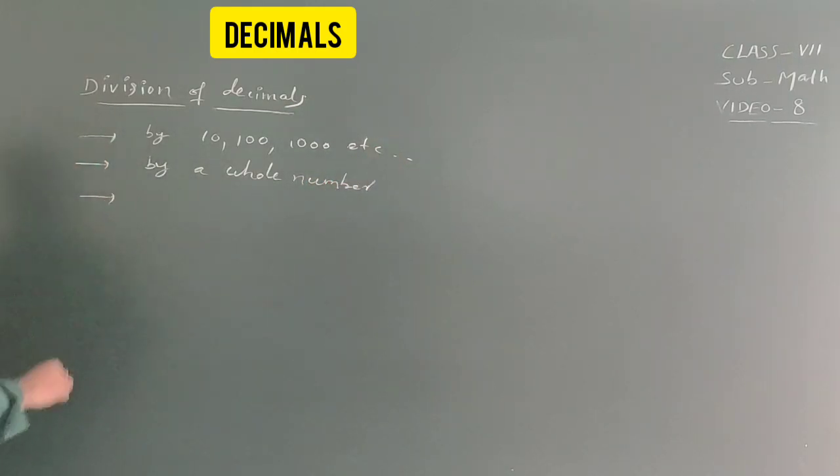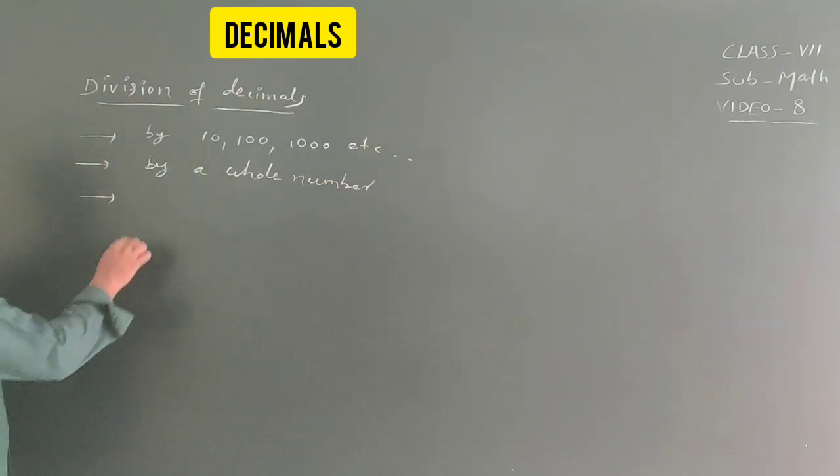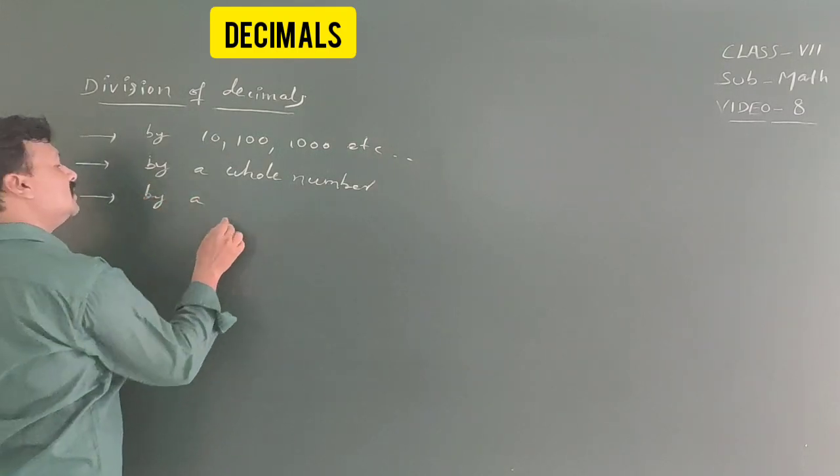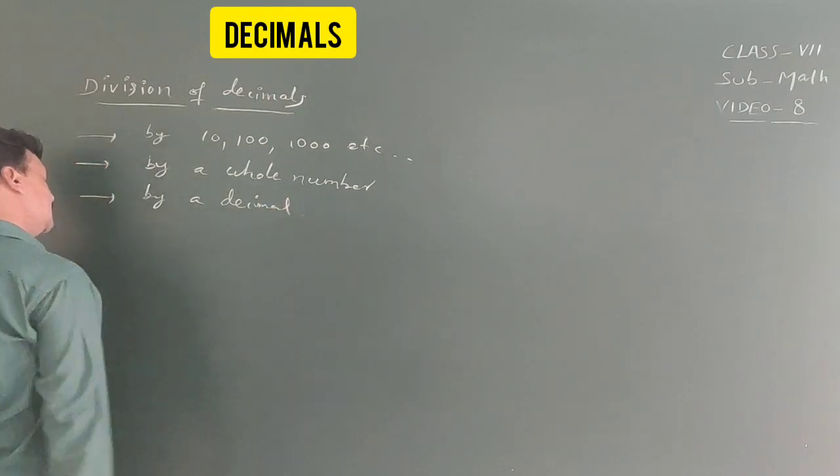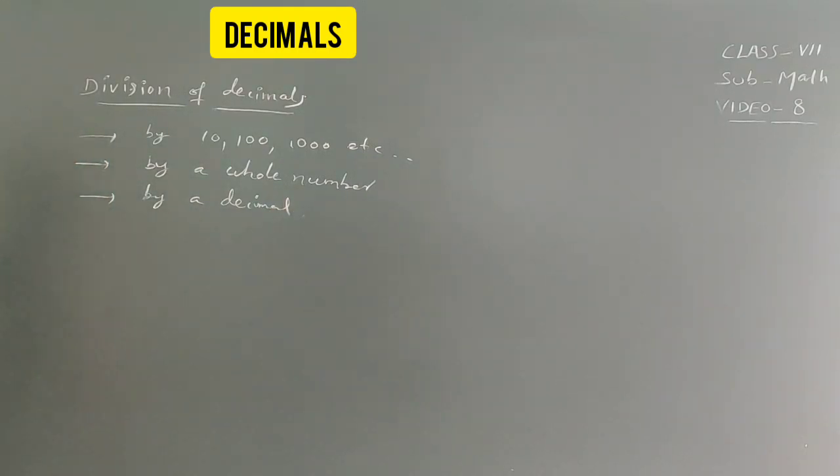Third one, division of a decimal by a decimal. Like multiplication, we have three situations. First situation, division of a decimal by 10, 100, 1000, etc. The second situation, division of a decimal by a whole number. Third situation, division of a decimal by another decimal.